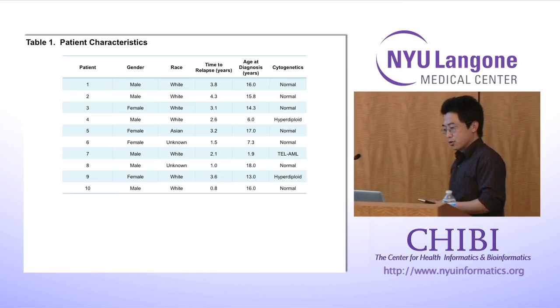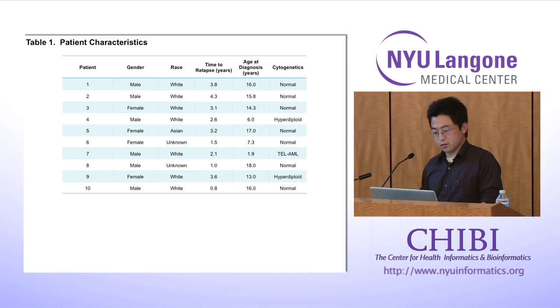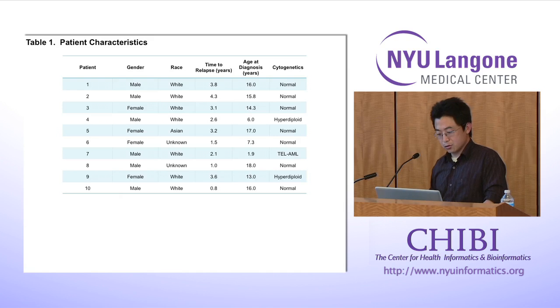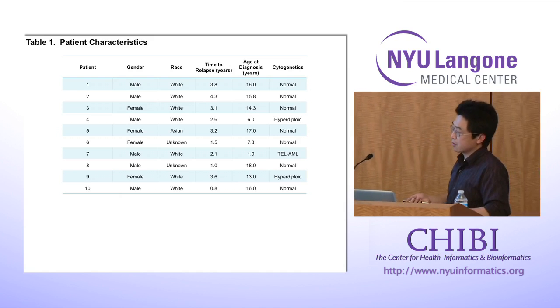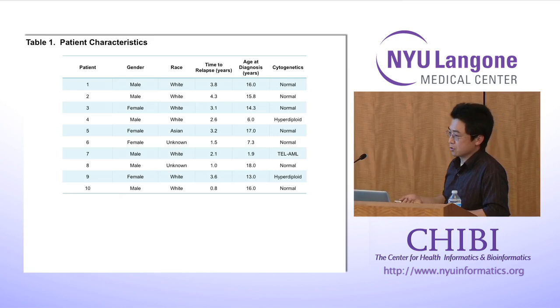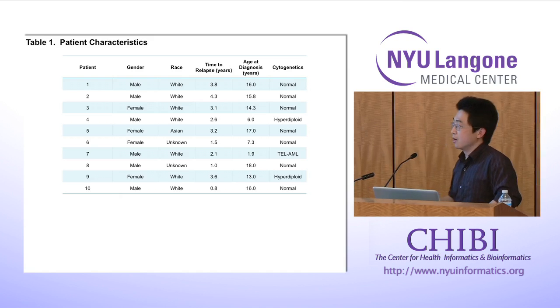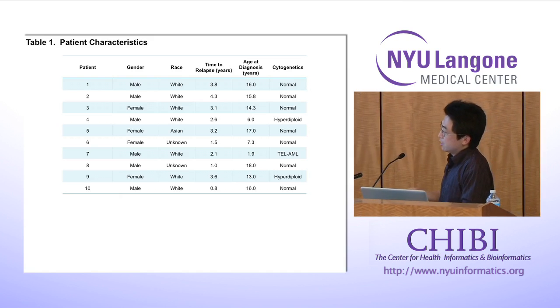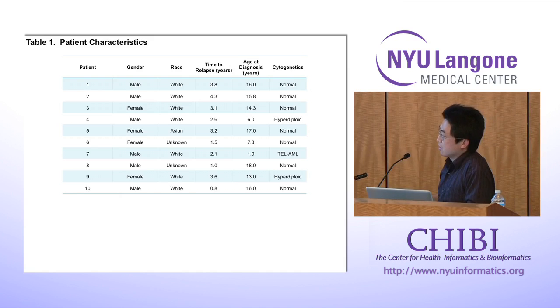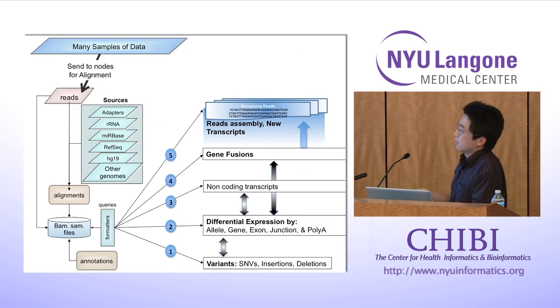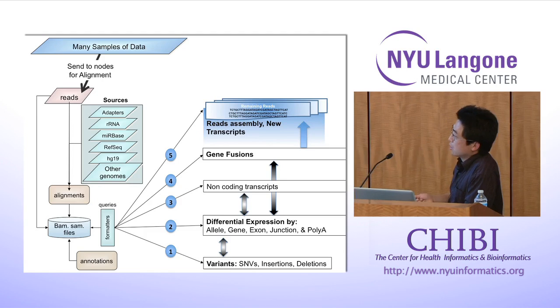This is our original design of the strategy to deal with the RNA-seq data. We started this project about 3 years ago, so it was very early at that time. There was not much RNA-seq data done then. The idea of using transcriptional sequencing is that we expected to discover not only variants but also differential gene expression, non-coding transcripts, and fusion genes.